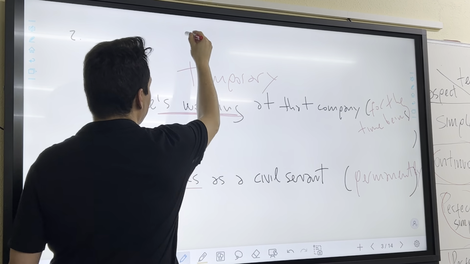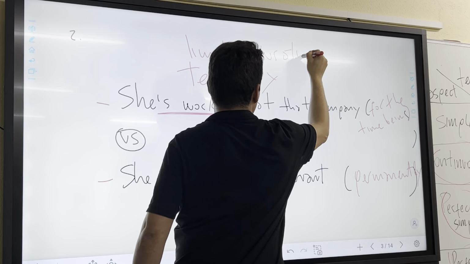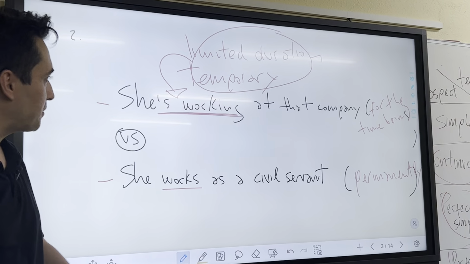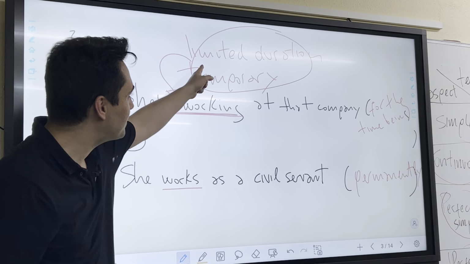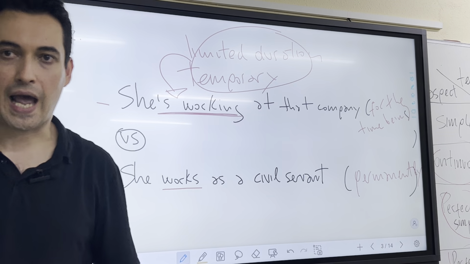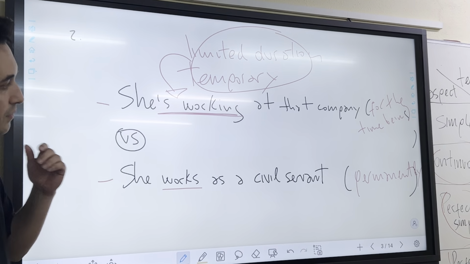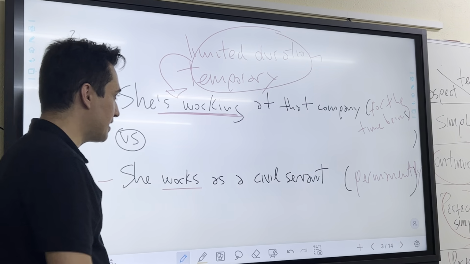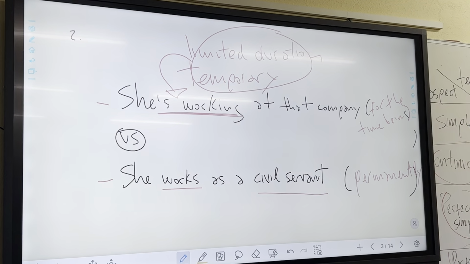This is another use of the continuous aspect: to express that something is temporary, as opposed to the simple aspect, which expresses something permanent. Civil servant, permanent in this example. So far, so good? Good.